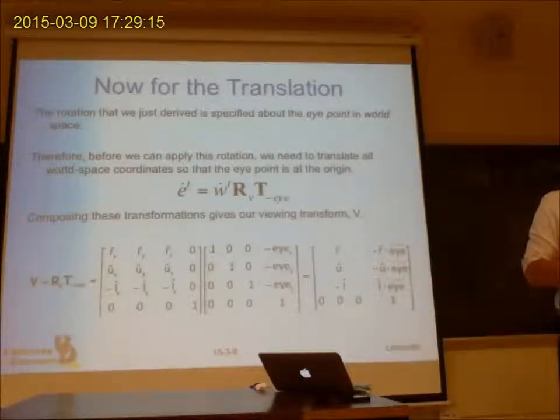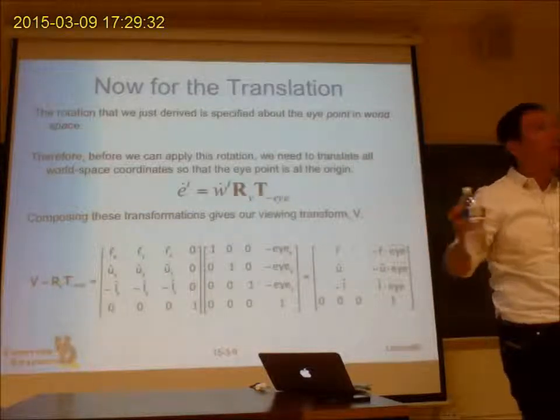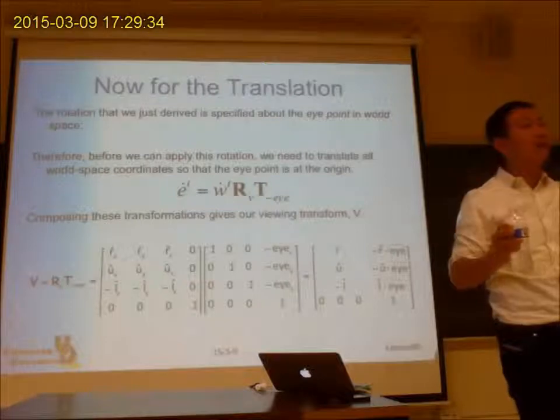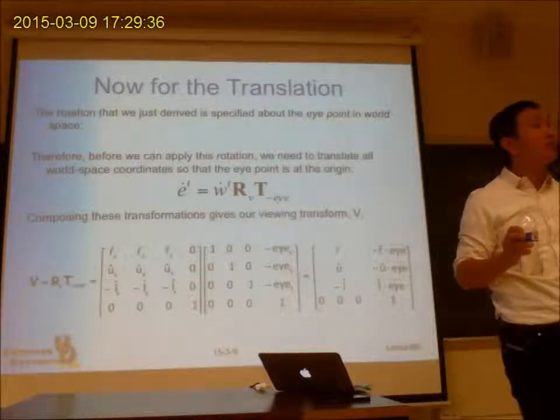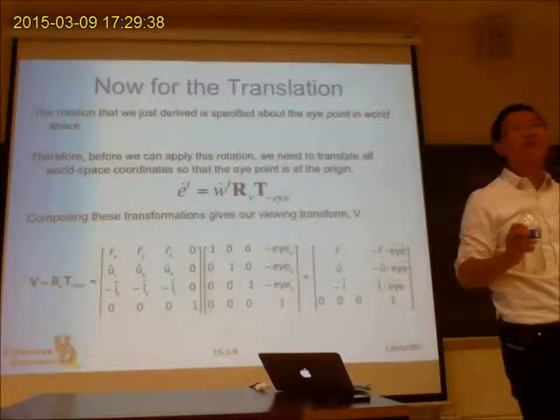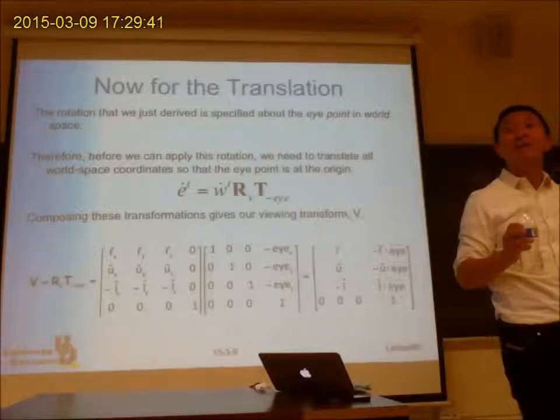Sure, but that's a separate question. My question is per vertex, per point. Is it more expensive to transform according to the viewing transformation, or is it more expensive to do the projection? You're saying that I throw away many triangles, but my question is per point.